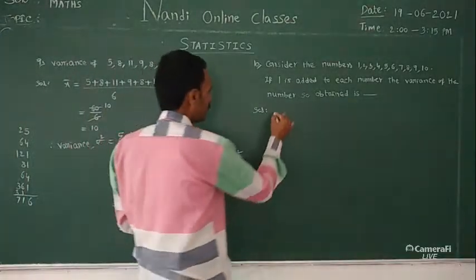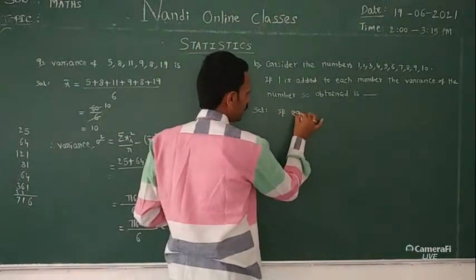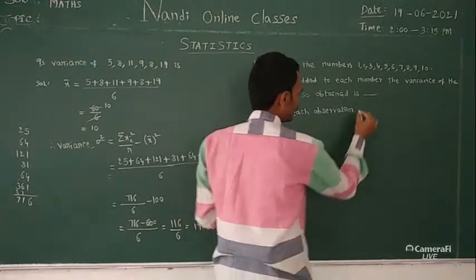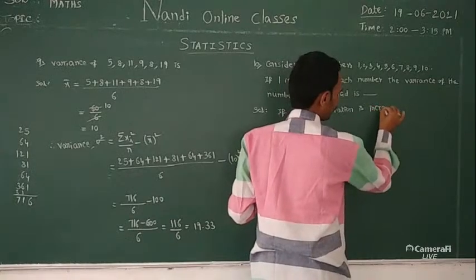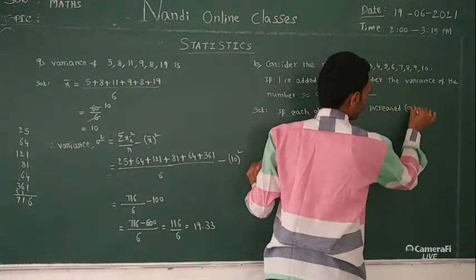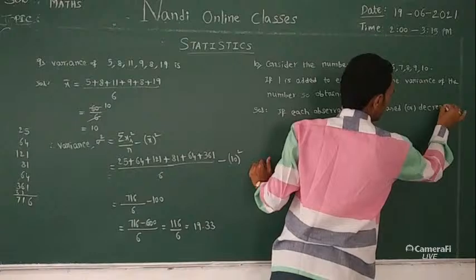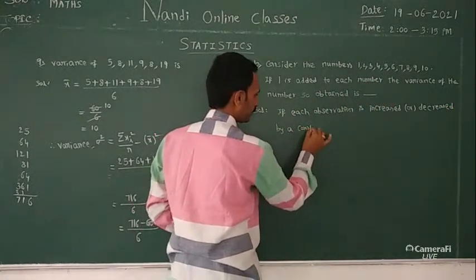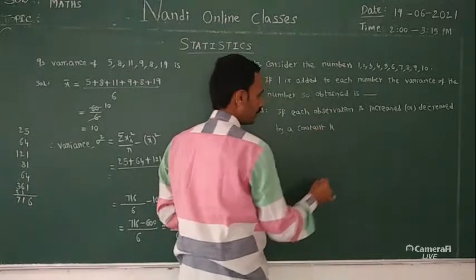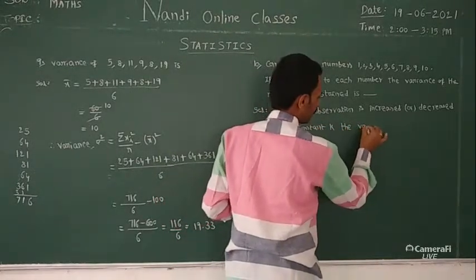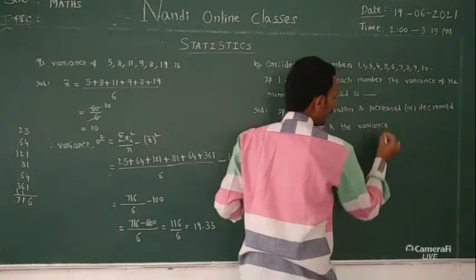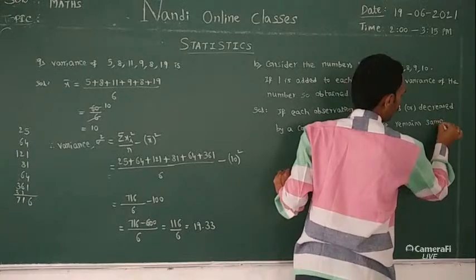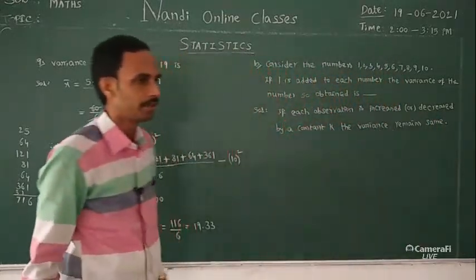That's why I am writing one point here: if each observation is increased or decreased by a constant, the variance remains the same. If you add or subtract, no problem, it remains the same only.